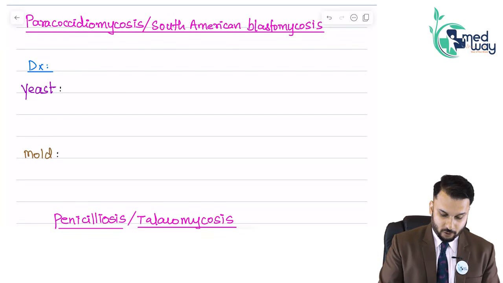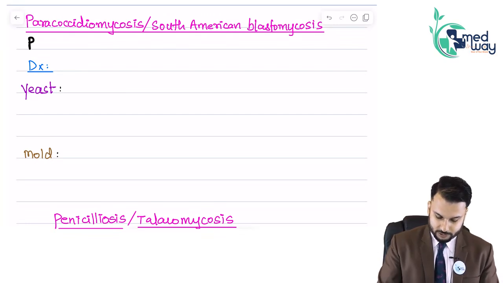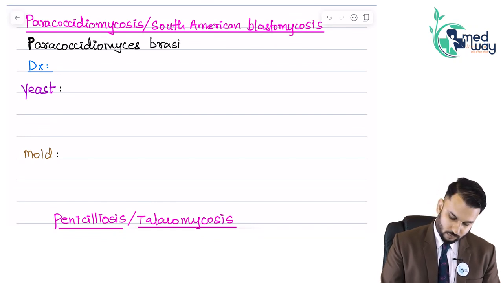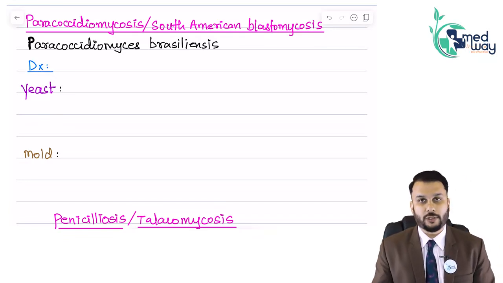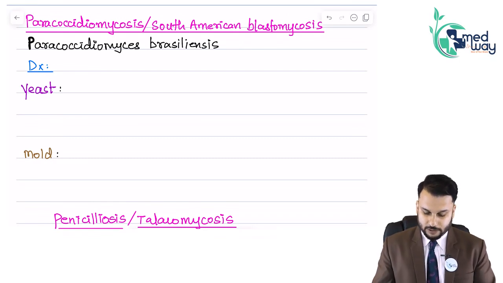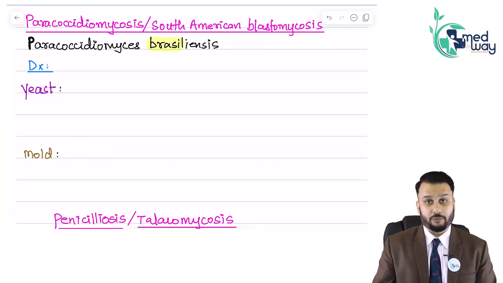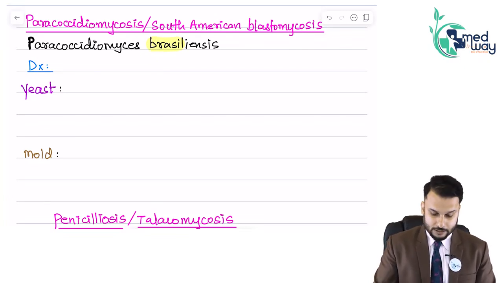The name is paracoccidiomycosis, hence logically speaking, the name of the organism here is Paracoccidioides brasiliensis. So guys, you may see the word Brazil in this. That tells us something. Brazil is a country located in South America. So that's why the name South American blastomycosis.